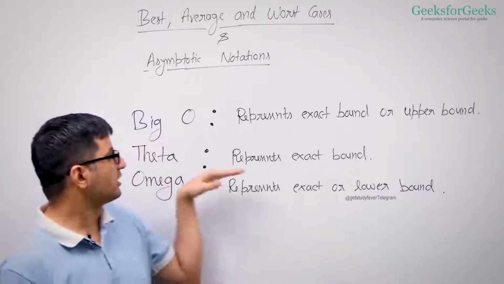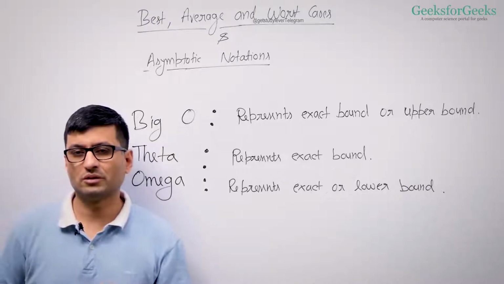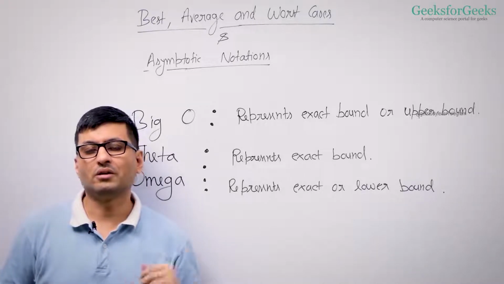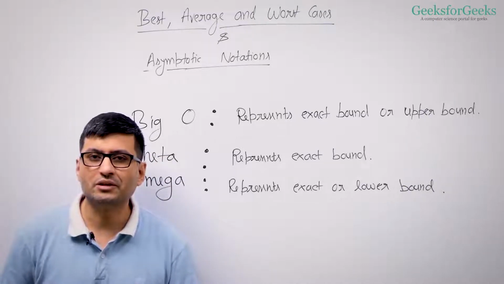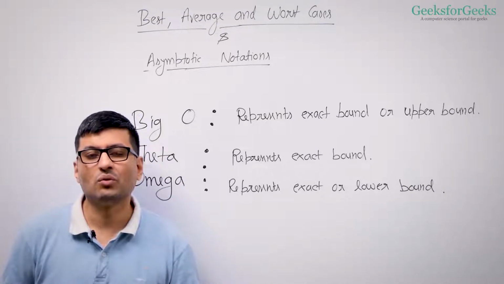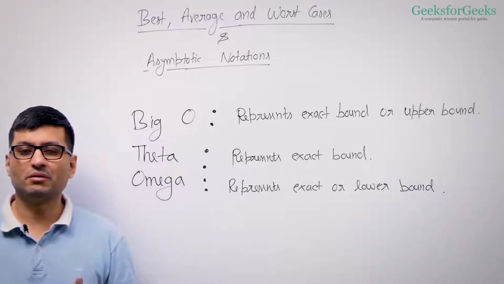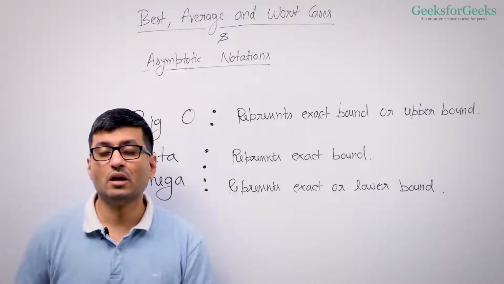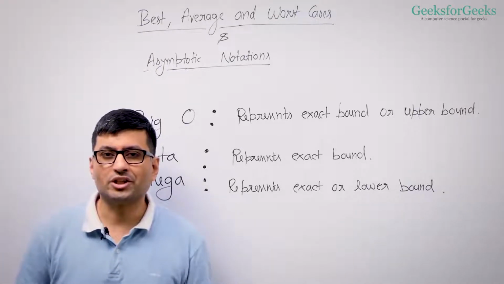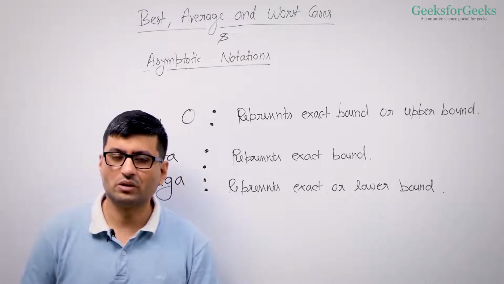Theta notation, the second one, is used to represent exact order of growth. For example, the first code that we wrote, where we did not have any if condition, we knew exactly what is the order of growth of this algorithm in all cases. So we can put that order of growth in theta, and we say order of growth is theta n. Big O notation is used to represent exact or upper bound.